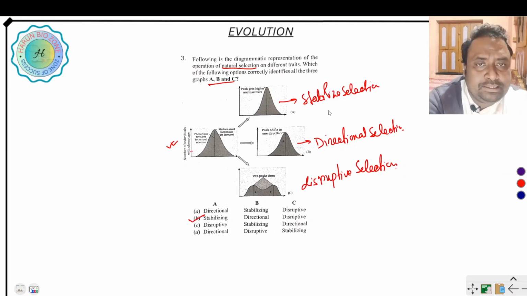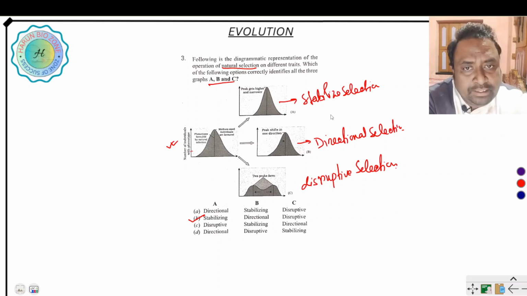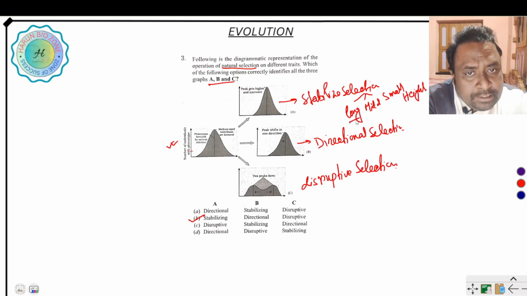For example, stabilizing selection: if in a forest three types of plant are present, long height, middle height and small height. The long height plant gets more sunlight, so it becomes taller, the middle height plant gets sunlight moderately, but the small height plant does not get sunlight.